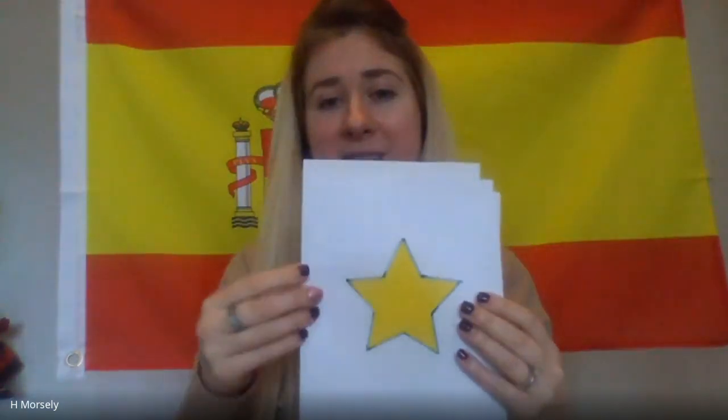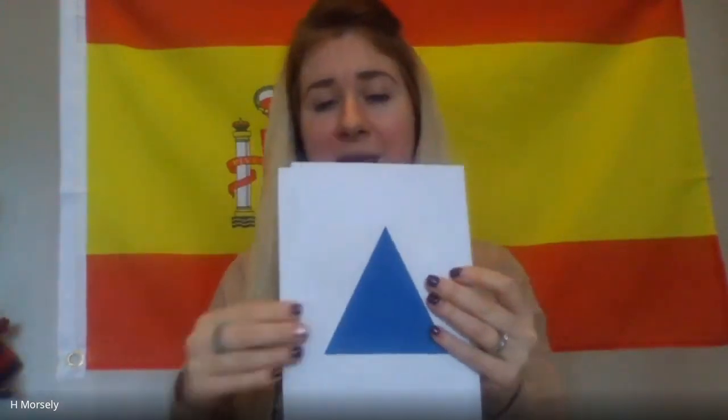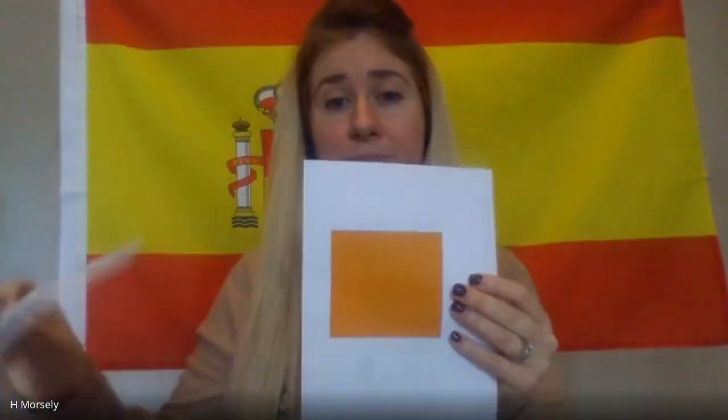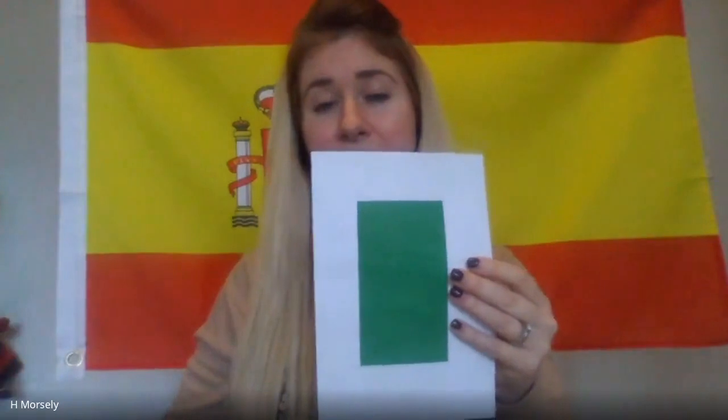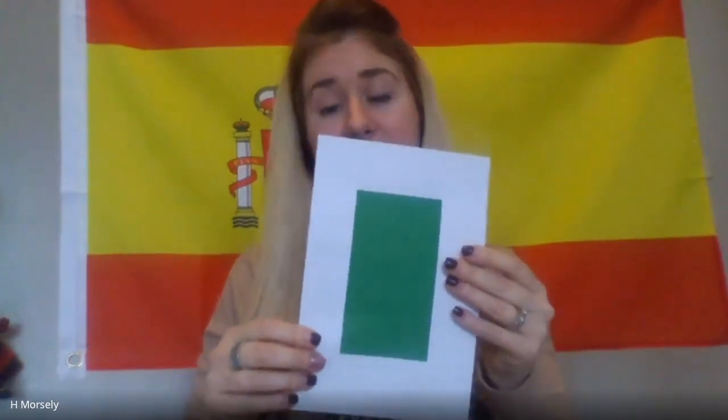So, la estrella, el círculo, el triángulo, el cuadrado, el rectángulo. So I'm going to show you one of mine now, and I want you to have a go at saying the word.